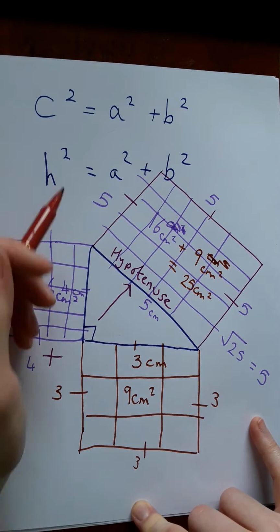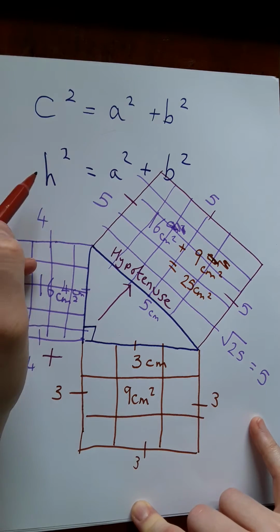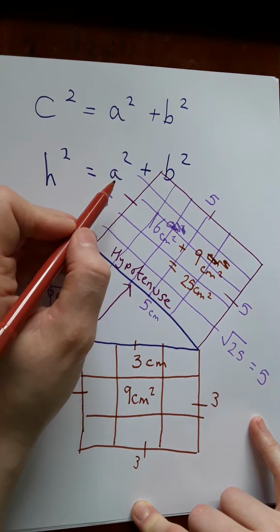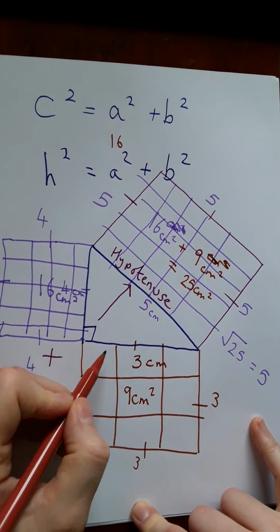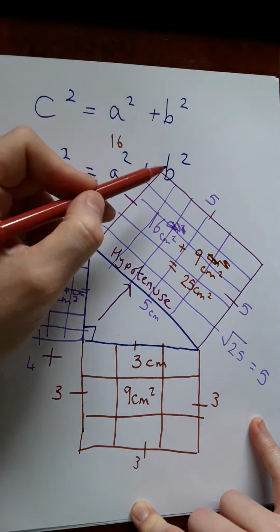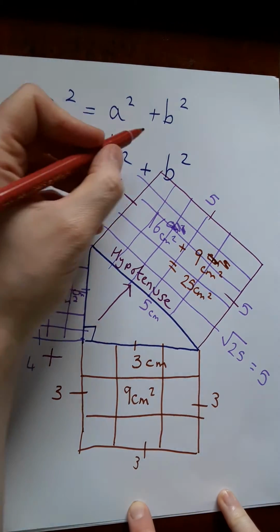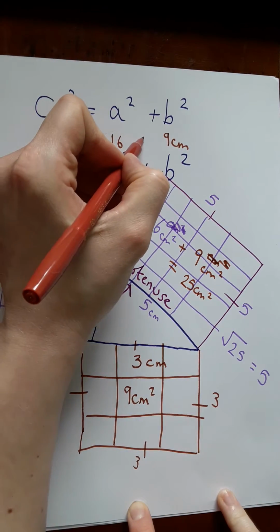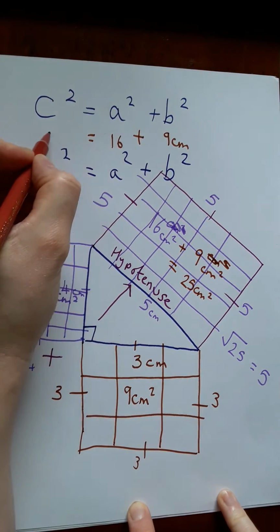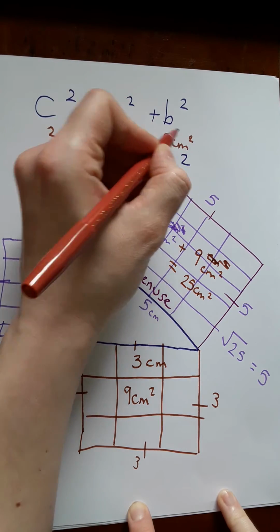So let's just show this again in short. I didn't know what my hypotenuse length was, but I did know that my a squared was worth 16 and my b squared, because a and b are always your two side lengths that touch your right angle, and they added up to make 25 centimetres squared.